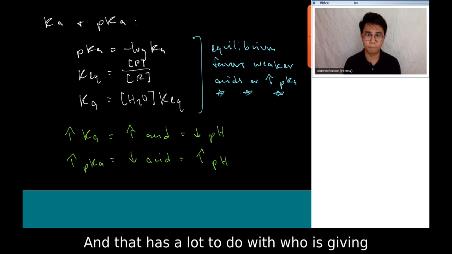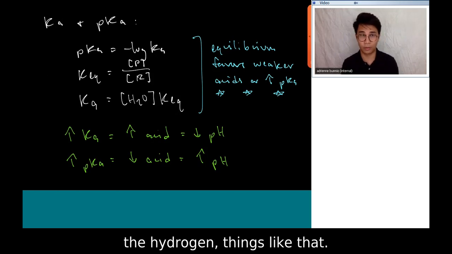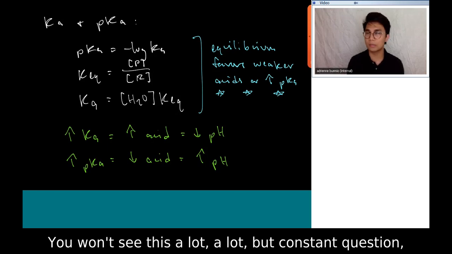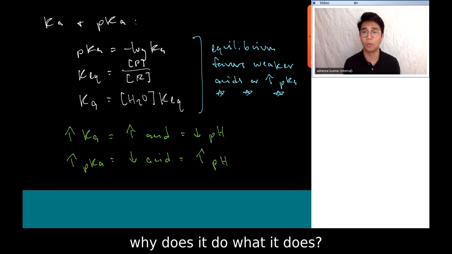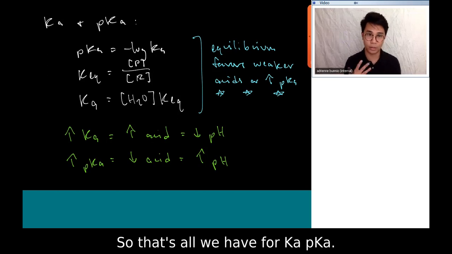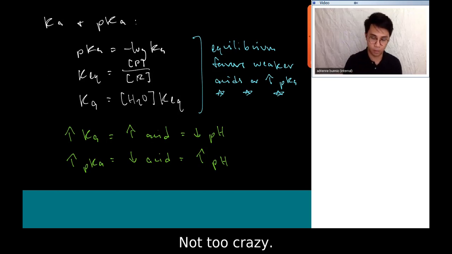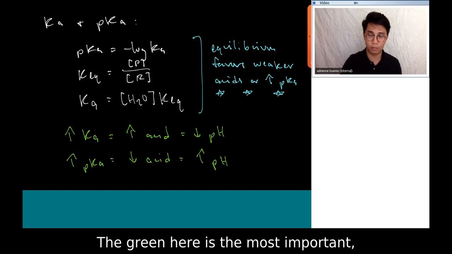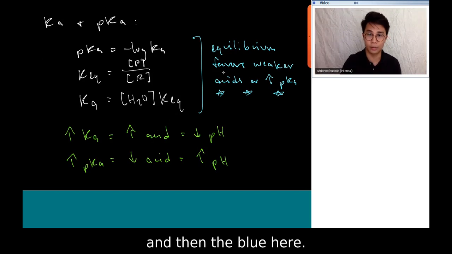And that has a lot to do with who's giving the hydrogen, things like that. You won't see this a lot, but concept questions, why does it do what it does, things like that. So that's all we have for Ka and pKa. Not too crazy. The green here is the most important, and then the blue here.